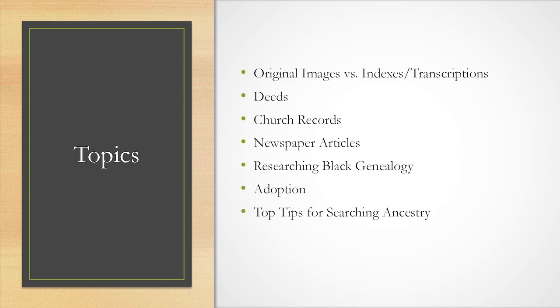We're going to very briefly cover adoption in Kentucky. It's one slide, it's very brief. And there'll be a couple of short clips on my top tips for searching Ancestry.com. And I'll have little quick tips popping up throughout the presentation.